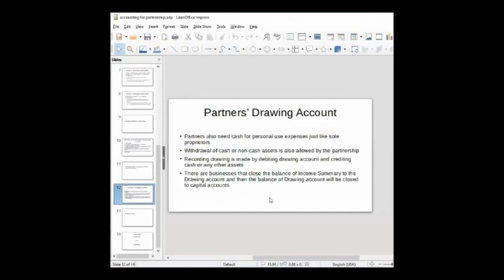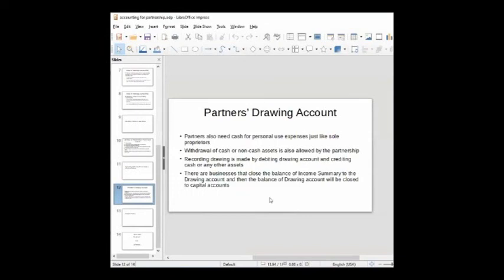Now let's talk more about the partners' drawing account. We have discussed a little a while ago the capital account and the drawing account of the partners. Partners also need cash for personal expenses, just like sole proprietors.